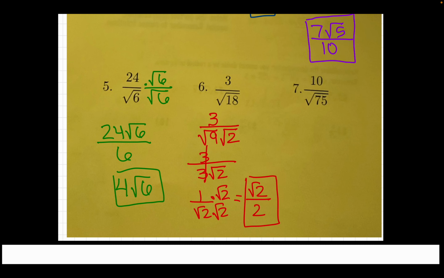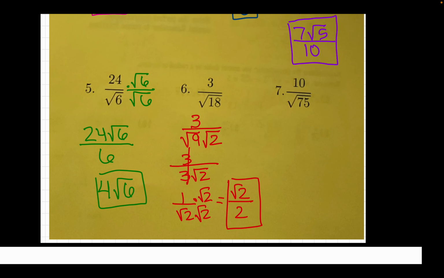Okay, number 7. So we have 10 over square root of 75. So let's break apart our 75. So 75 can be broken apart into 25 and 3. Square root of 25 is 5, so we get 10 over 5 square roots of 3.